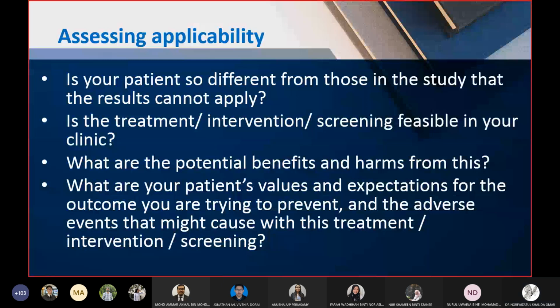For example, methotrexate is usually used against an aggressive type of cancer because it is effective, but it is also harmful towards the patient's normal cells. The patients will have more side effects compared to other kinds of chemotherapy. So which is why methotrexate is used only in good prognosis patients compared to bad prognosis ones. So these are the things that you need to take into account when you assess the applicability.